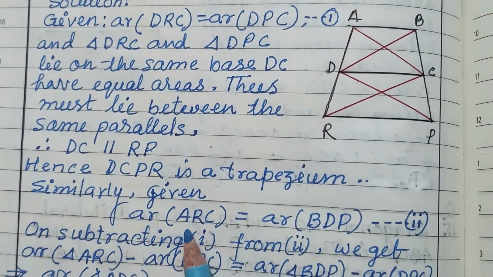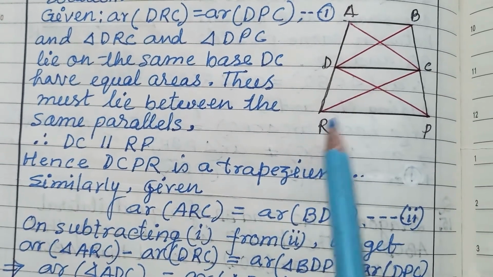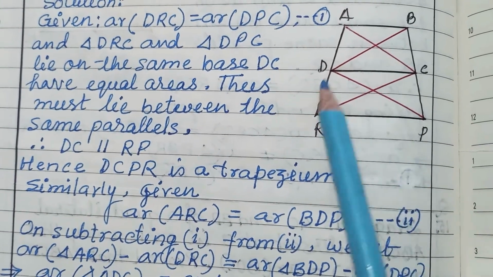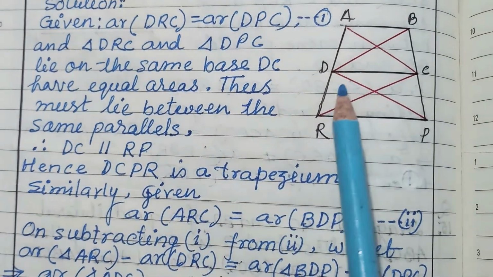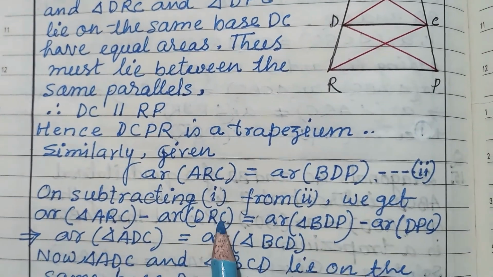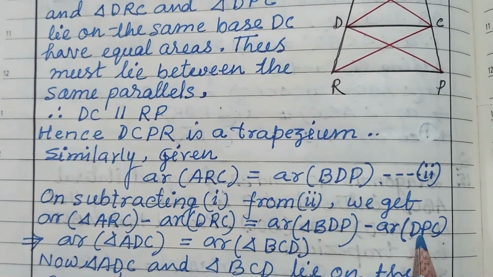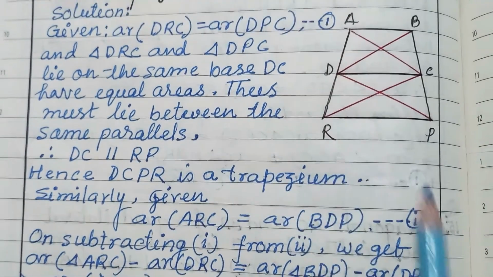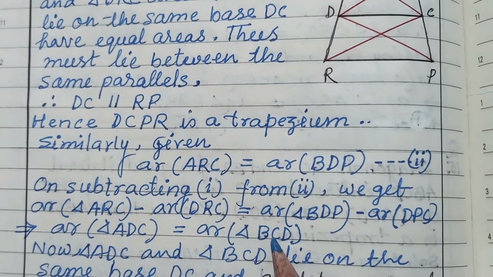Similarly, triangle ARC is equal to BDP, this is given. So from here, ARC minus DRC, we get area of triangle ADC, and on this side, if you subtract the first and second relation, it is area of triangle BCD.